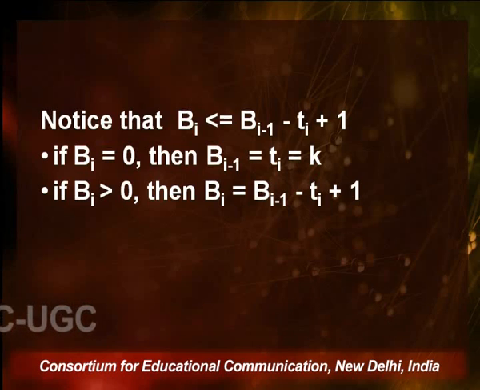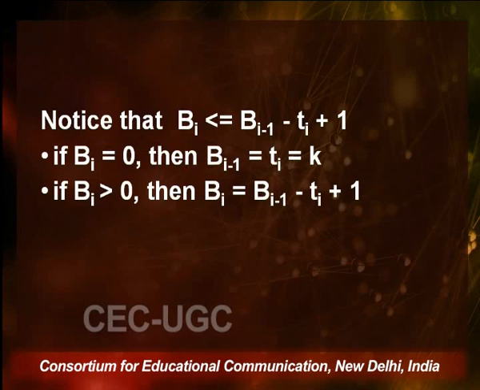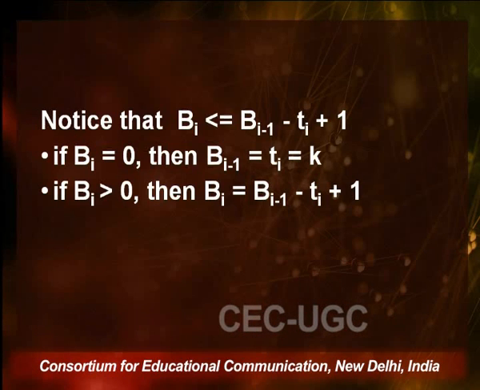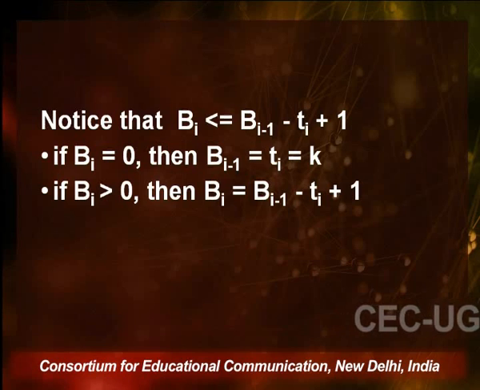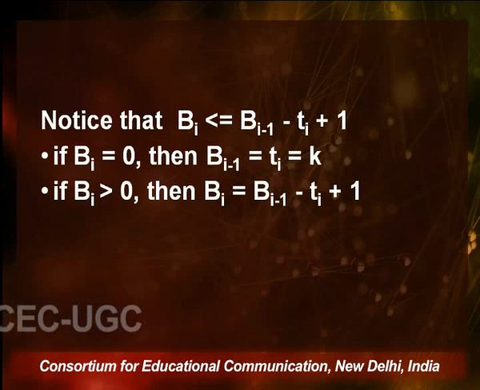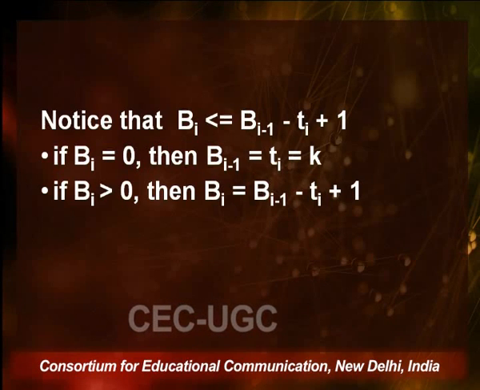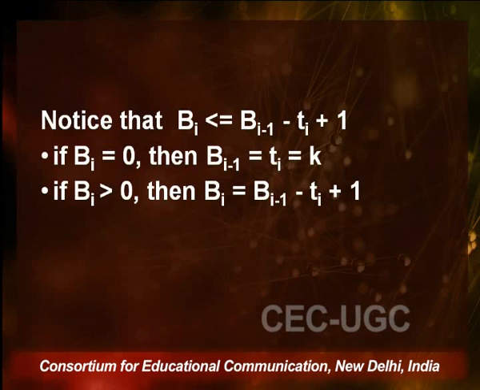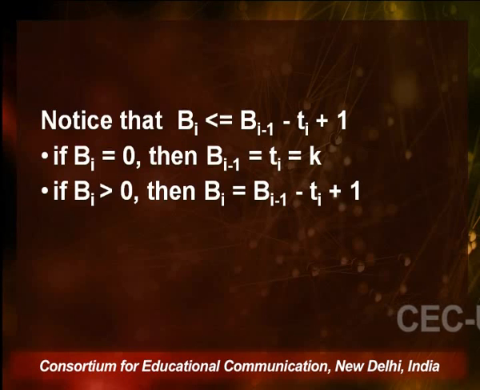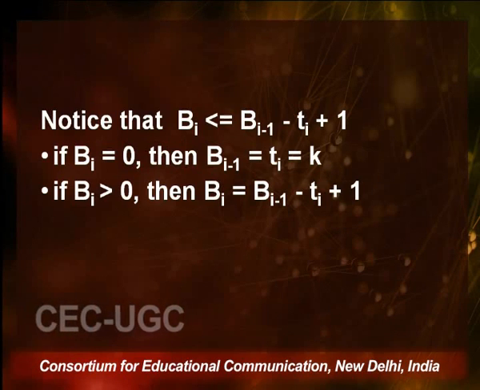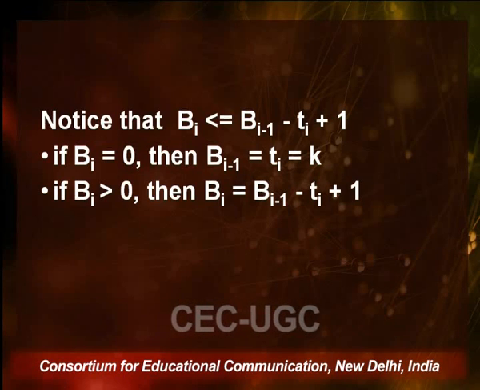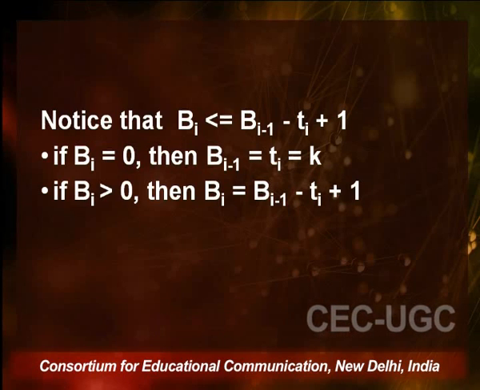So, when the number of ones in the counter is equal to 0 after the ith operation, then before the ith operation, the number of ones was equal to the size of the counter, which is k.